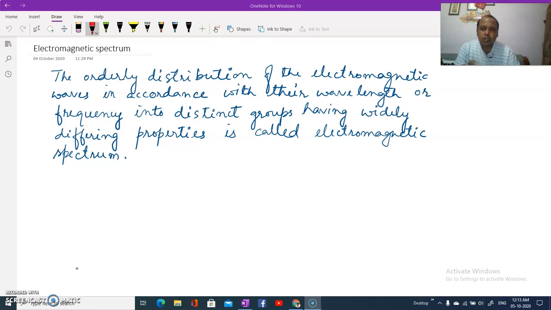That means all the electromagnetic waves are separated from each other in a group or a range of wavelength or frequency, and all these ranges which are forming a particular group have a specific property which differs from the other. So that separation or segregation of the properties according to their wavelength or frequency range is known as electromagnetic spectrum.